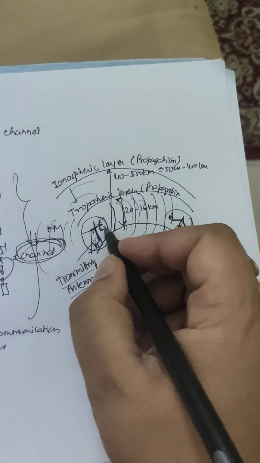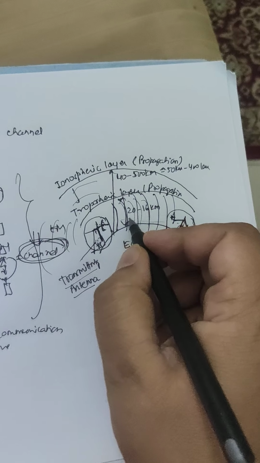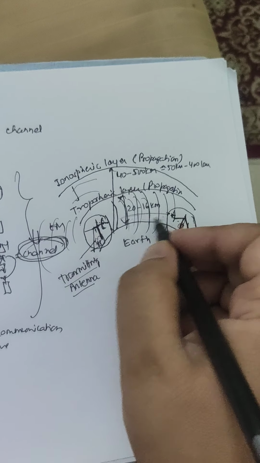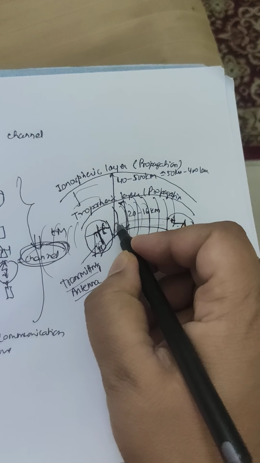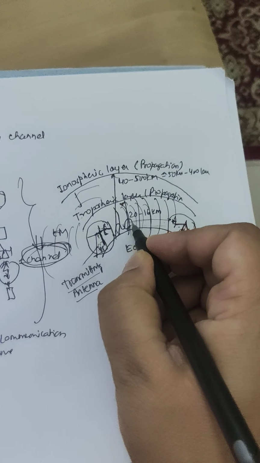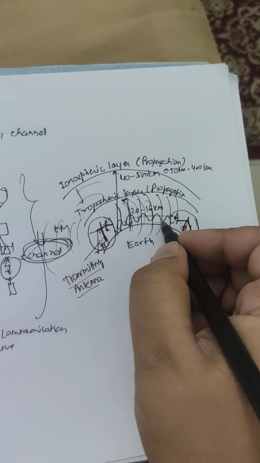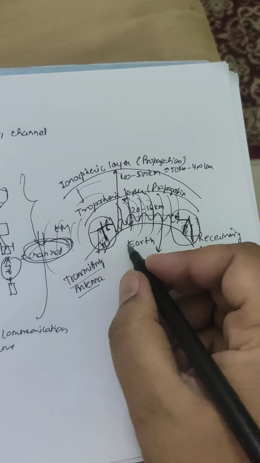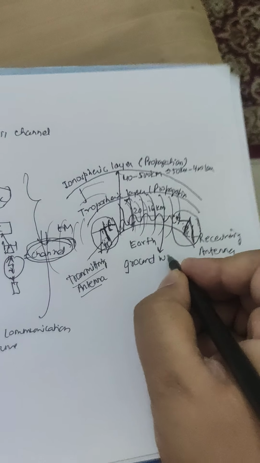The waves are moving from the transmitter towards the receiving end in this fashion. The first wave which starts from the transmitter towards the receiver goes this way. These waves, which are near the earth's surface, are called the ground wave.